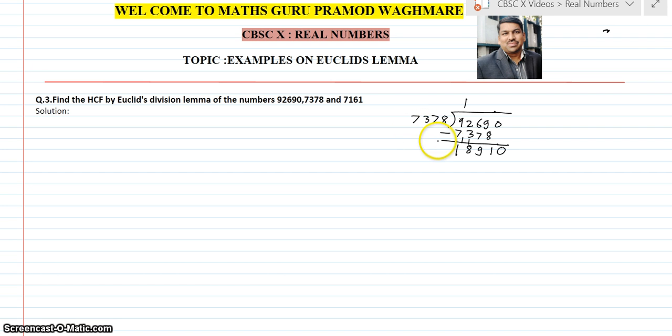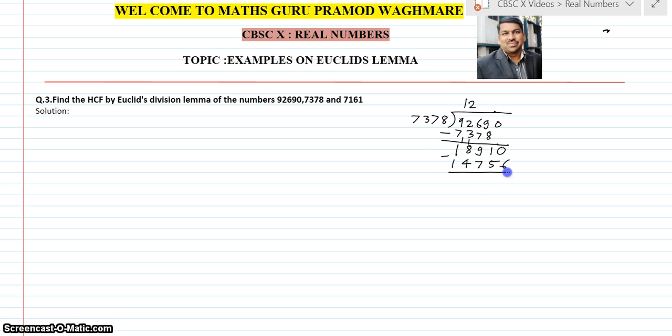Now there are 4 digits here, and here there are 5 digits. If we take 7 twos are 14, and here it is possible. If you take 7 into 3, that is 21, that is not possible. So we multiply by 2. 7378 into 2 is 14,756.